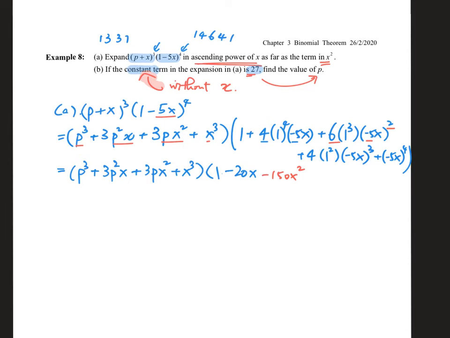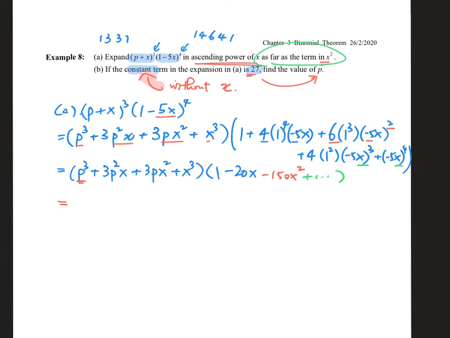Now I will be focusing on the words "as far as the term in x squared". That means we won't consider power 3 and power 4 afterward. So I'm a bit lazy to write dot dot dot here. Afterward, we continue to expand the brackets so that it will be written term by term, from the constant term, x to the power 1, x squared, and so on.